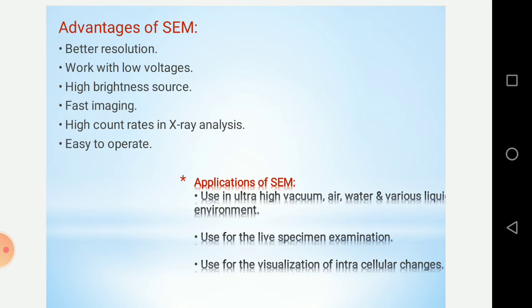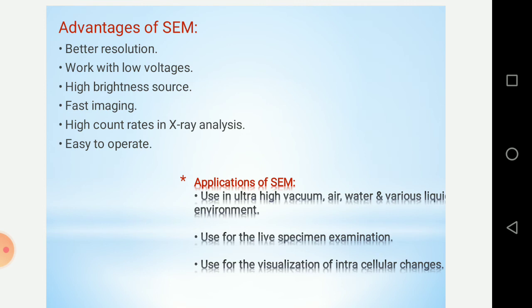High brightness source, so it gives higher brightness. Means if a specimen is kept and we are observing its image through the scanning electron microscope, it gives better brightness and better image quality.